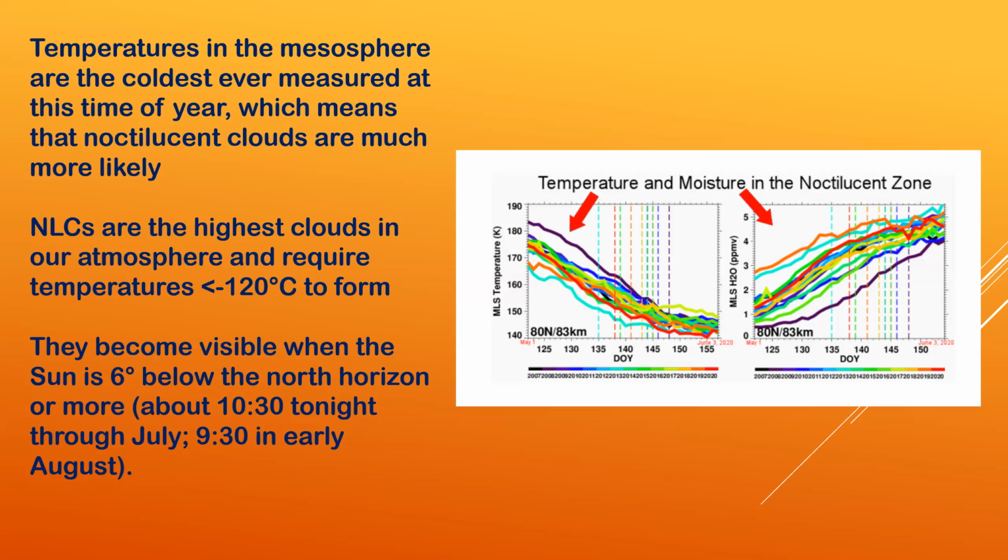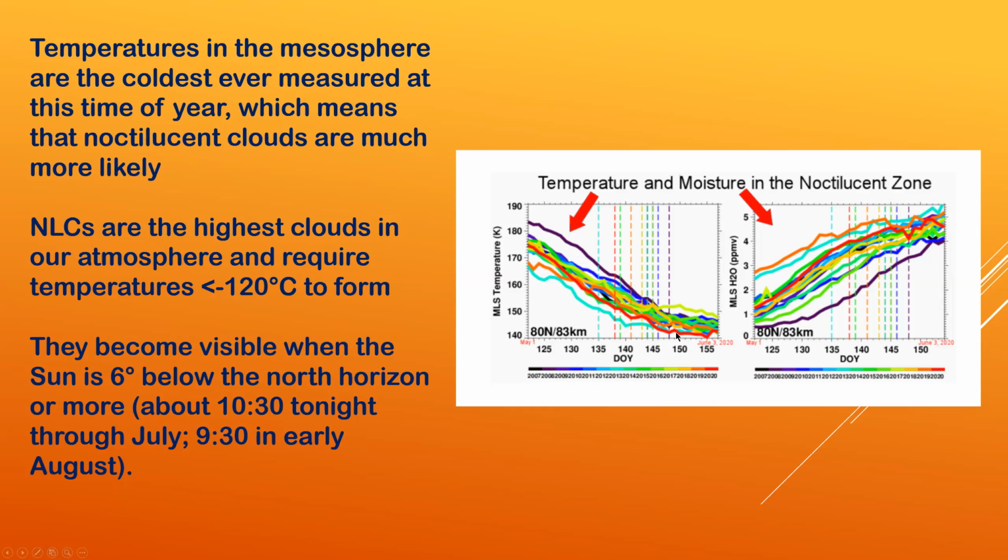And you can see on the left-hand side here is a graph of the temperature in the mesosphere, and the curve for this year is the red one here coming down, and you can see that it's colder than any other temperature in recent years.